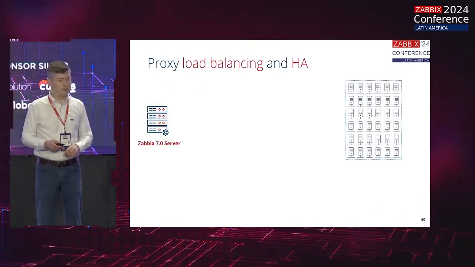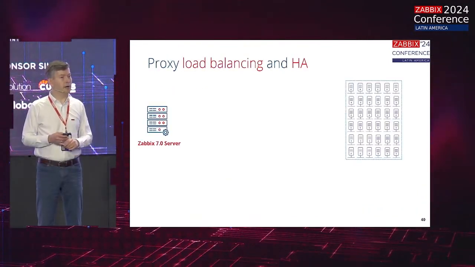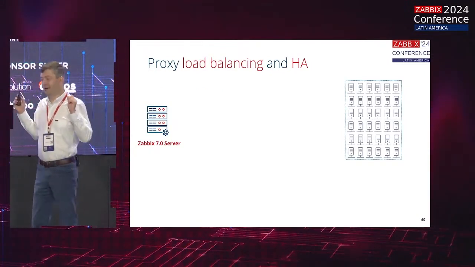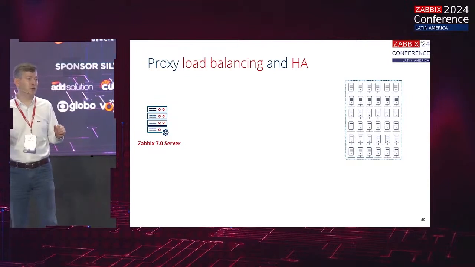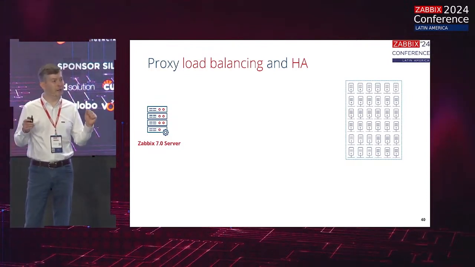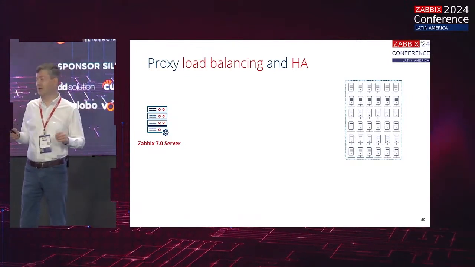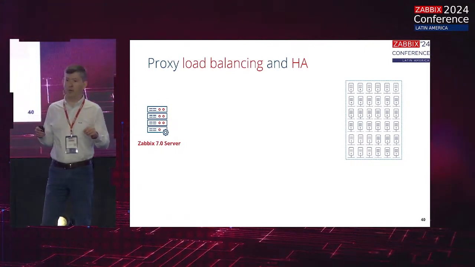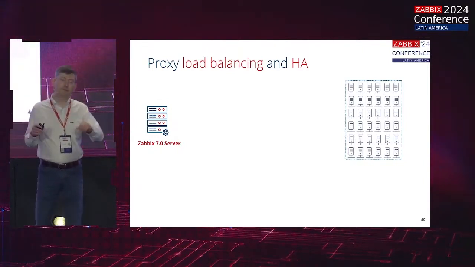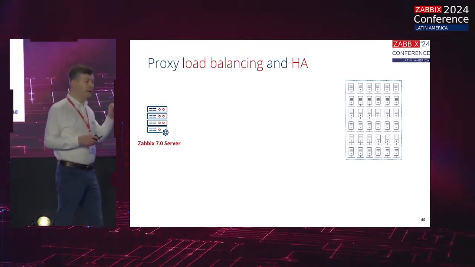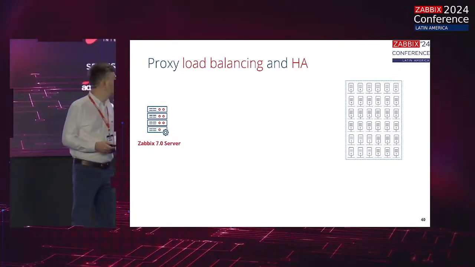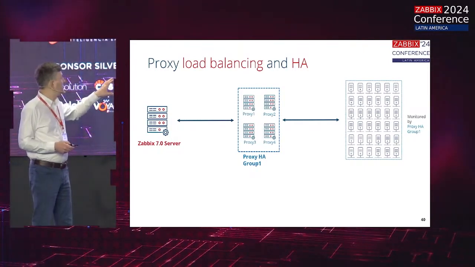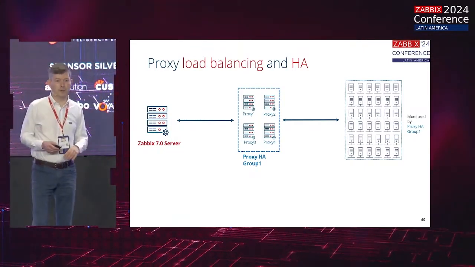What else? Proxy load balancing, high availability. Another great, highly anticipated feature. I'm so happy we finally delivered it in Zabbix 7.0. And we really made our best to implement it in a very right and correct way. So, how does it work? Very simple. Now you may create a group of proxies.